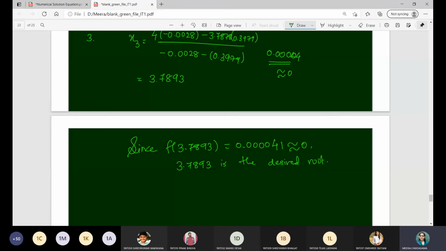If yes, please raise your hand. Okay, very good. So in the next class, we will see the Newton-Raphson method, which is the last method to solve nonlinear and linear equations, right?